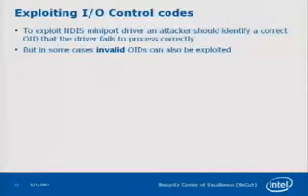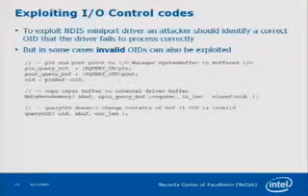So, to exploit the IO control codes, specifically in network drivers, an attacker should identify a correct object identifier that the driver fails to process correctly. In some cases, even invalid object identifiers can be exploited, as given in this example.